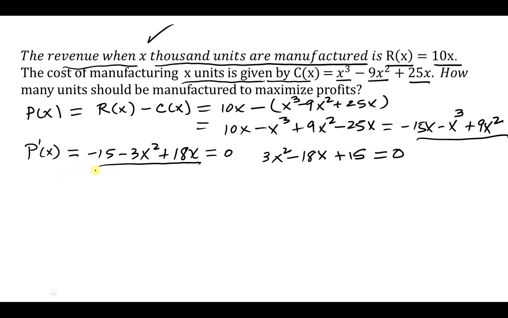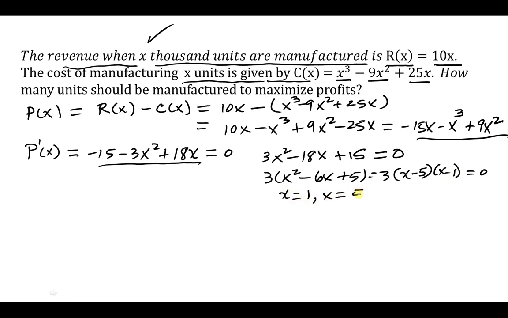Factoring out a 3, we get 3 times x squared minus 6x plus 5, equal 3 times x minus 5 times x minus 1 equals 0, and we get that the critical values are x equal 1 and x equal 5.